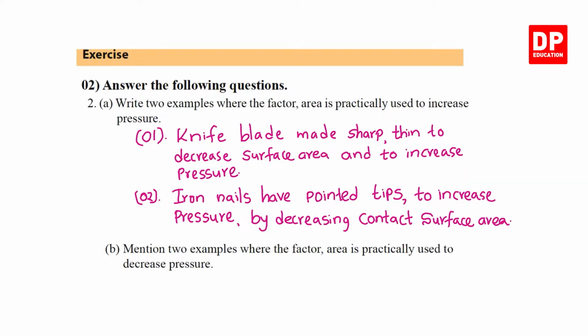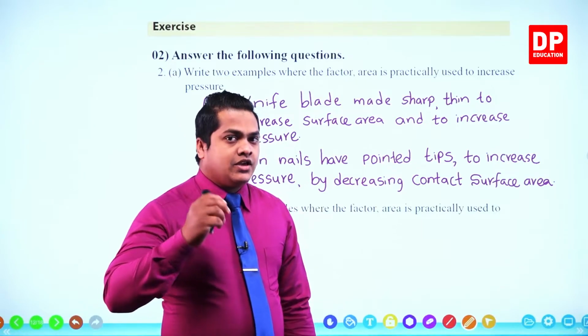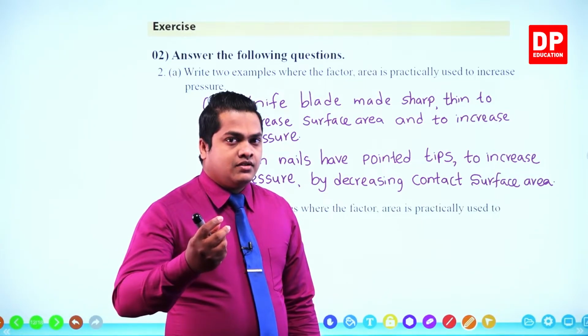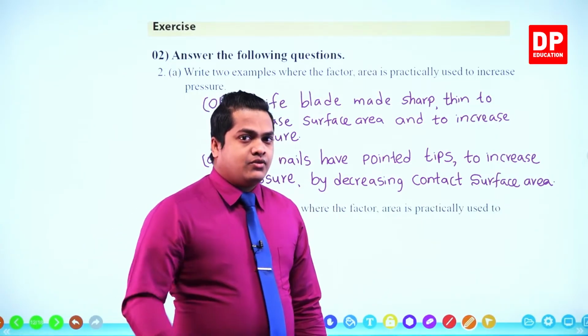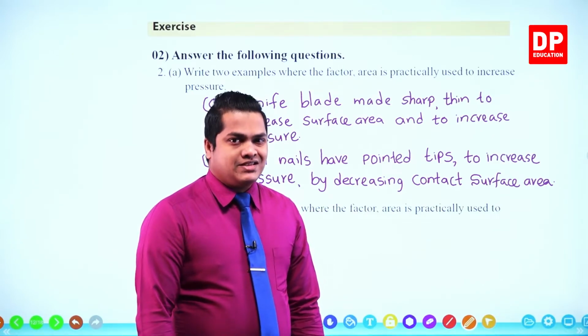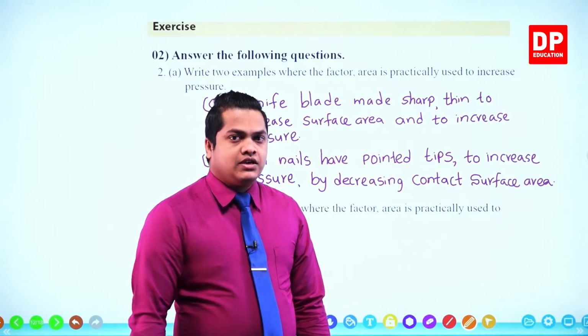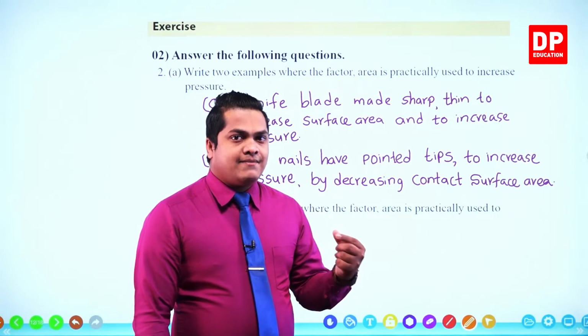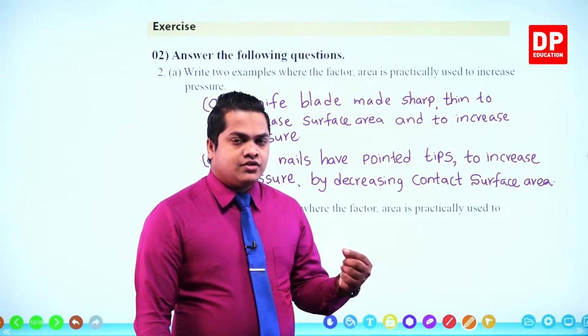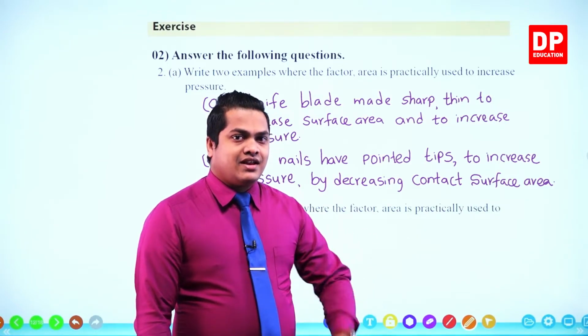If you take a drawing pin, you can insert it into a wall just by pressing it with your finger, because it has a very pointed edge, so it is exerting a greater pressure.